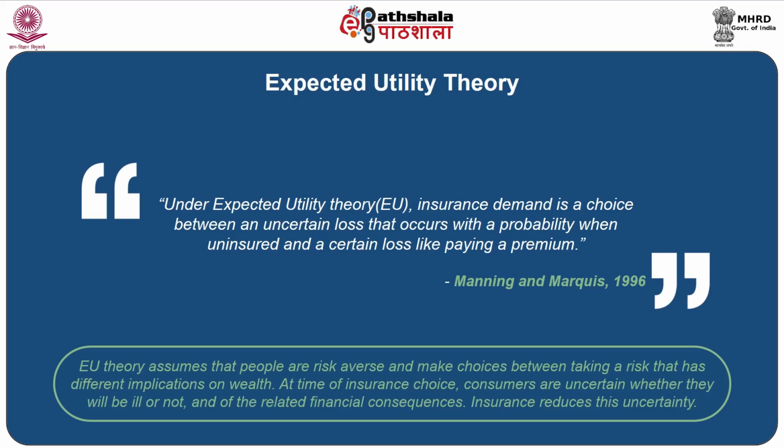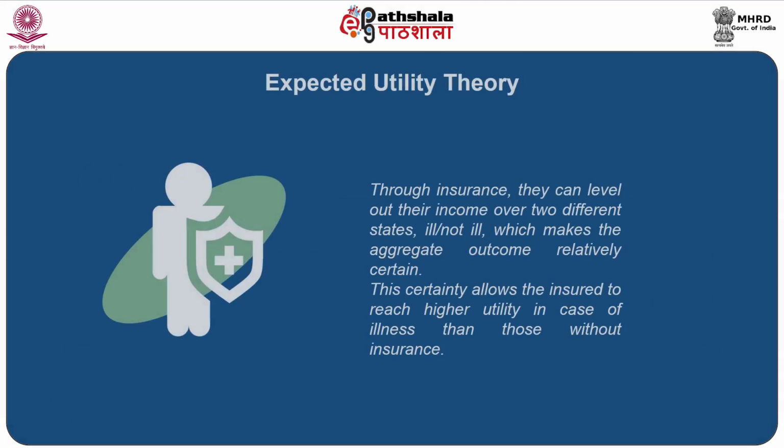Expected utility theory assumes that people are risk averse and make choices between taking a risk that has different implications on wealth. At a time of insurance choice, consumers are uncertain whether they will be ill or not and of the related financial consequences. Insurance reduces this uncertainty. Through insurance, they can level out their income over two different states, ill or not ill, which makes the aggregate outcome relatively certain.